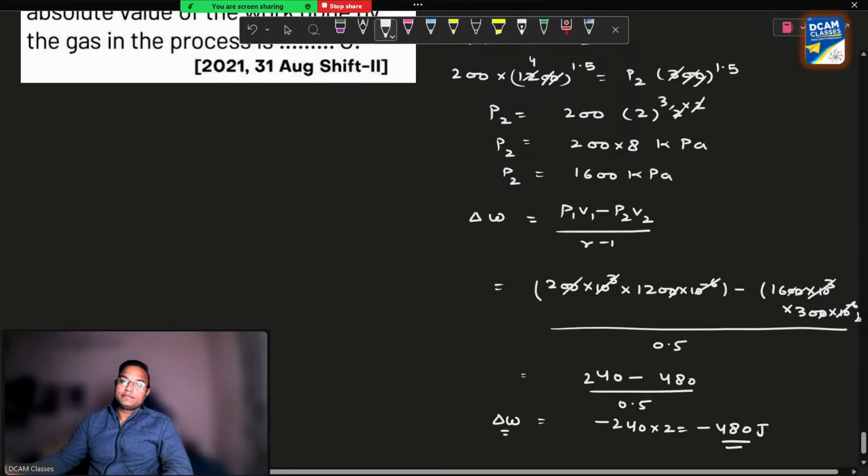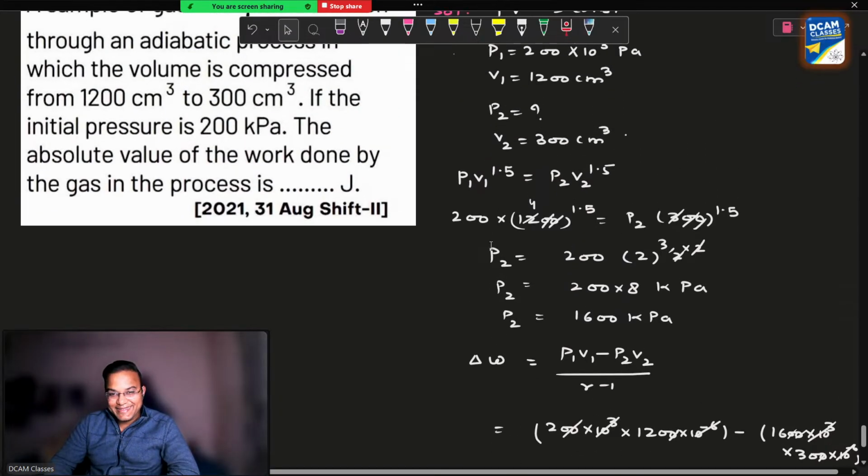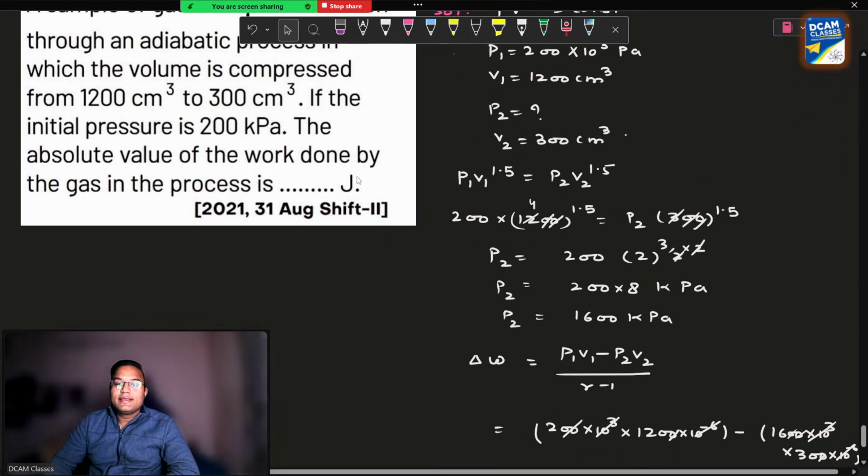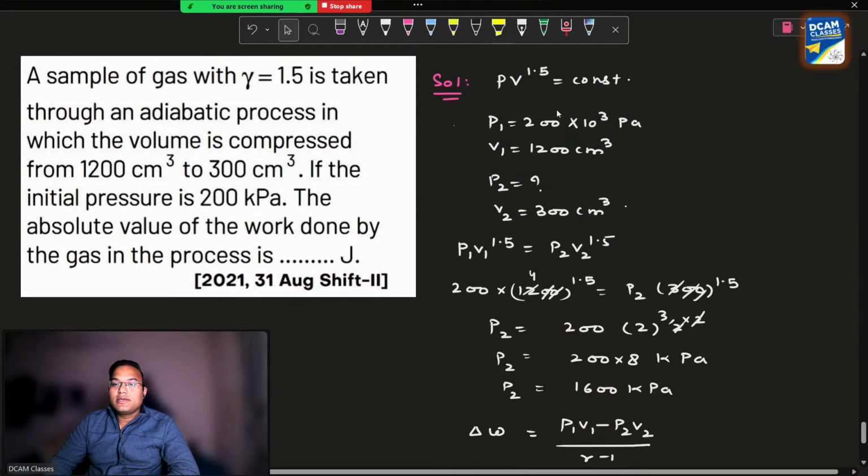See? You went wrong in the calculation. When they're giving you the joule, SI unit is okay, you have converted correctly. But kilopascal is there, you have to convert it into normal Pascal, Newton per meter square. And only centimeter cube, you have to convert into meter cube, that's all.